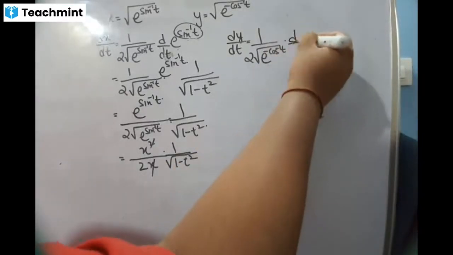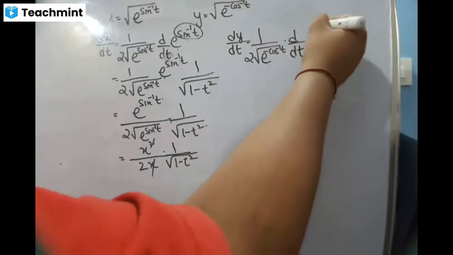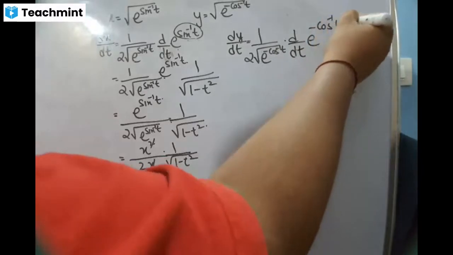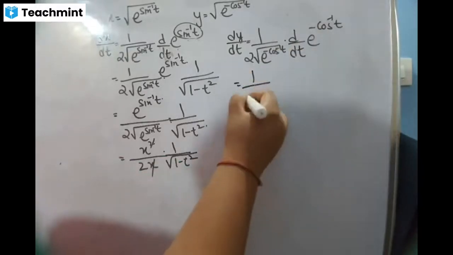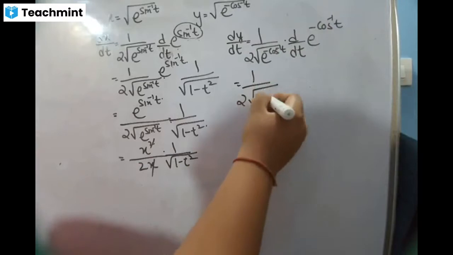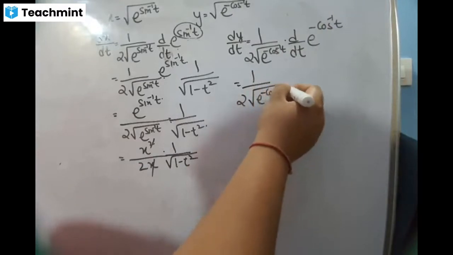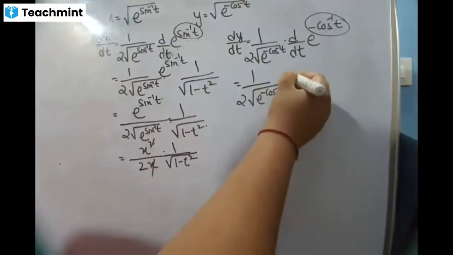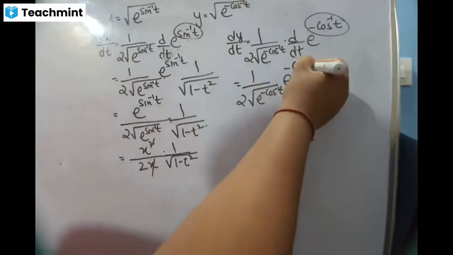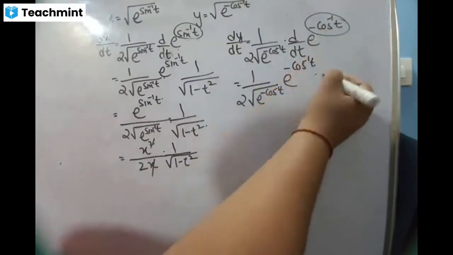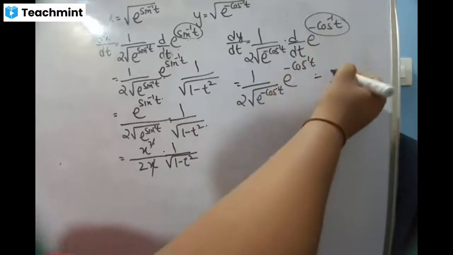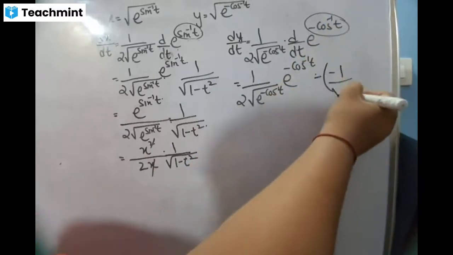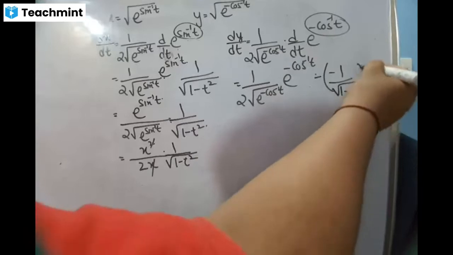So what do I write? I write d by dt of e to the power minus cos inverse t. Next, 1 by 2 under root e to the power minus cos inverse t dot the derivative of e to the power x, which is e to the power x itself, that means e to the power minus cos inverse t, but the differentiation of this is minus, and the derivative of cos inverse t is minus 1 divided by root 1 minus x square.